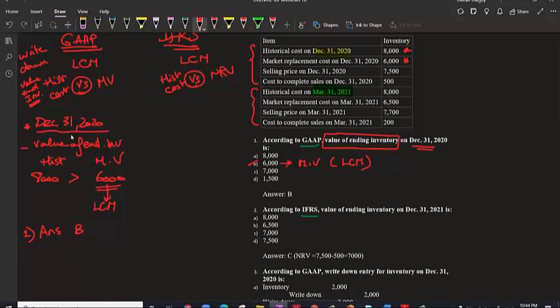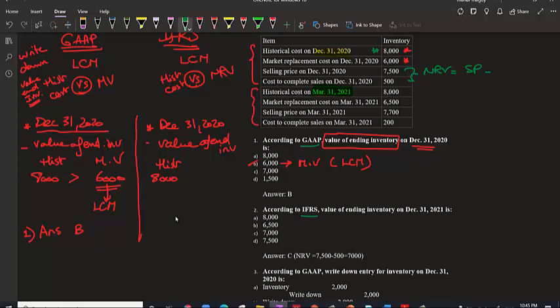If you're applying IFRS at the same date, December 31, 2020, we're going to compare between historical cost, which is 8,000, and net realizable value. The net realizable value is the selling price minus the cost to complete sales.